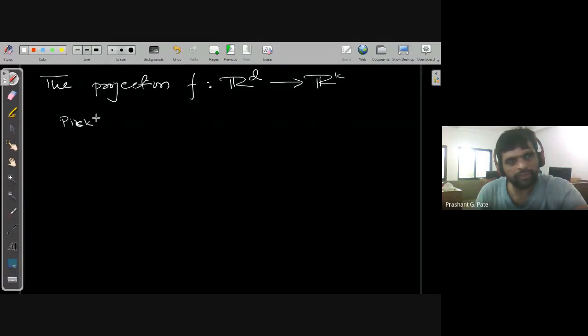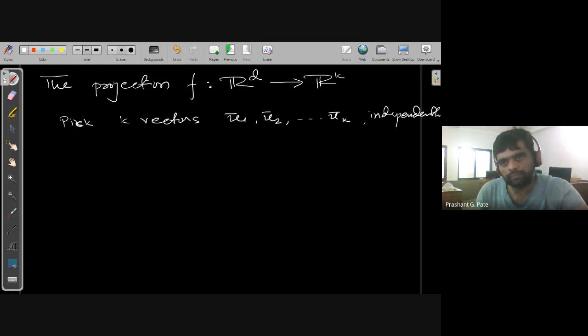k vectors, u1 bar, u2 bar up to uk bar, independently from the Gaussian distribution.